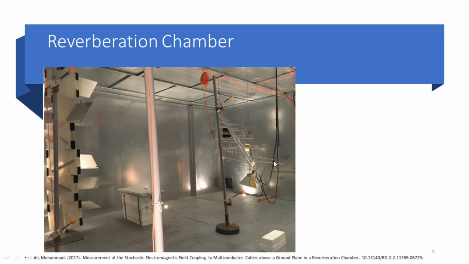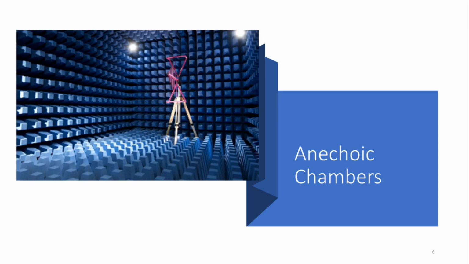Okay, so the next one in line is the anechoic chamber. Anechoic means without echoes. Simply put, it is a chamber without reflections from the walls, ceiling, or floor. It may be an acoustic anechoic chamber where the walls are treated with fiberglass sound absorbers to suppress echoes.